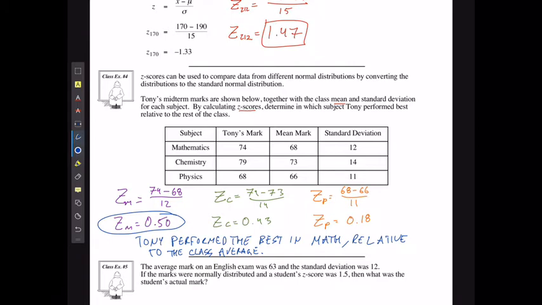So it might not have been the mark that he got the highest in, but it was the mark that he did the best in relative to everybody else in his class.